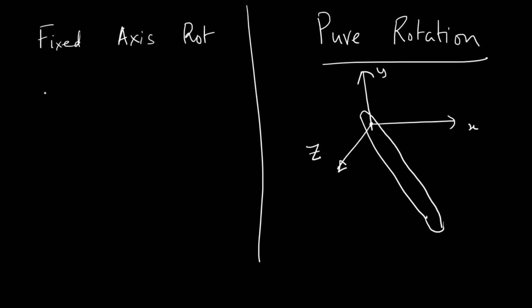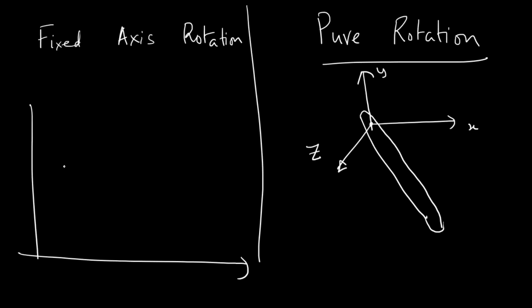Now, in the fixed axis rotation, the scale is thrown into the air like a baton, like a juggler with his baton, and maybe we'll think of the baton here.